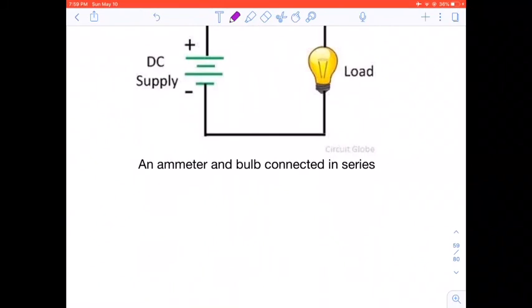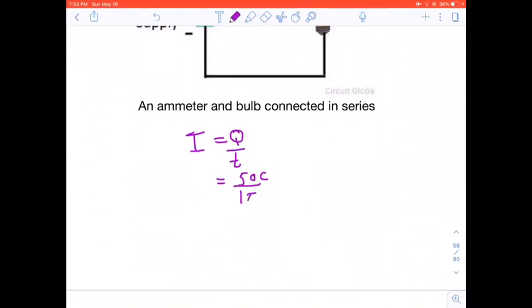So if we want to know the current in the circuit, we say I is equal to Q upon T, which is equal to 50 coulombs upon 1 second, which gives us 50 amps.